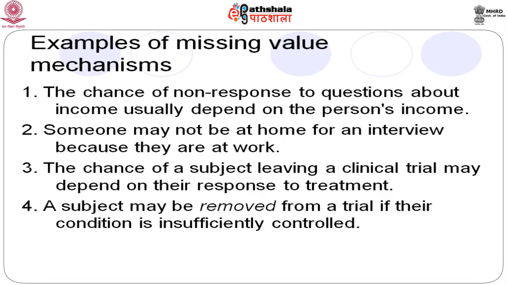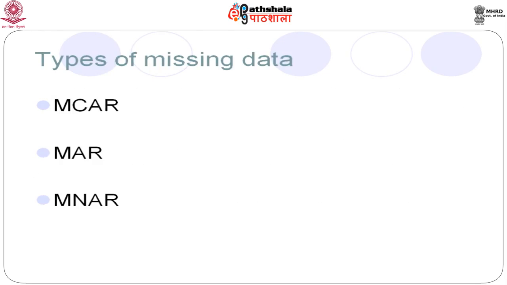It might be the situation that the person can be removed from the trial, like suppose a person is having cancer, stomach cancer, and at the final stage it is not very advisable to come on frequently and go for checking and other things. So, this time he or she may be advised to take rest, stay back at home. Okay, so, this is one situation where the missingness occurs.